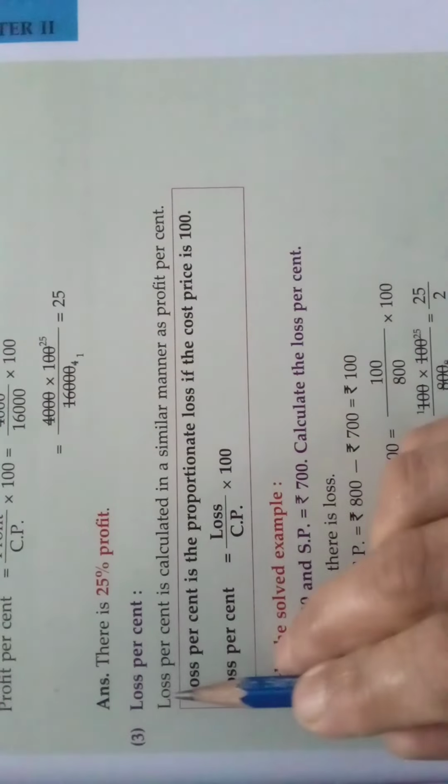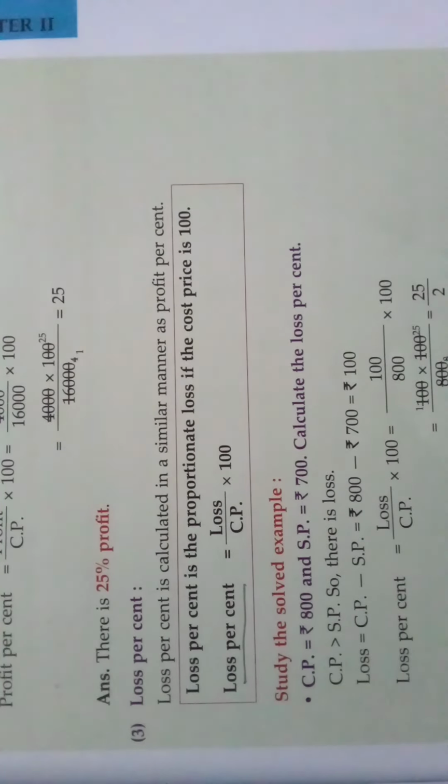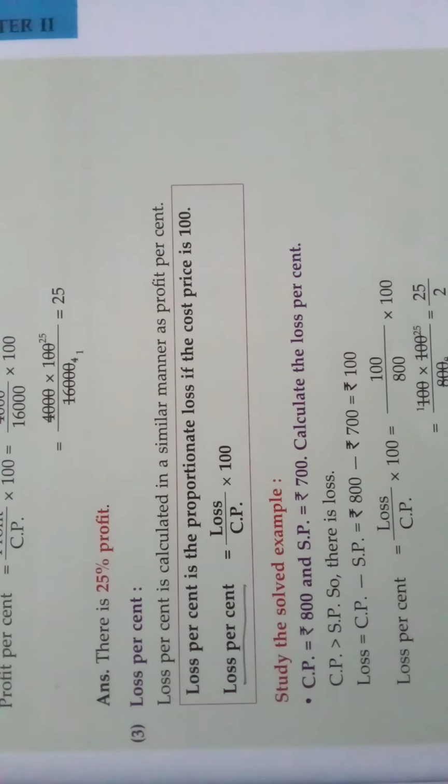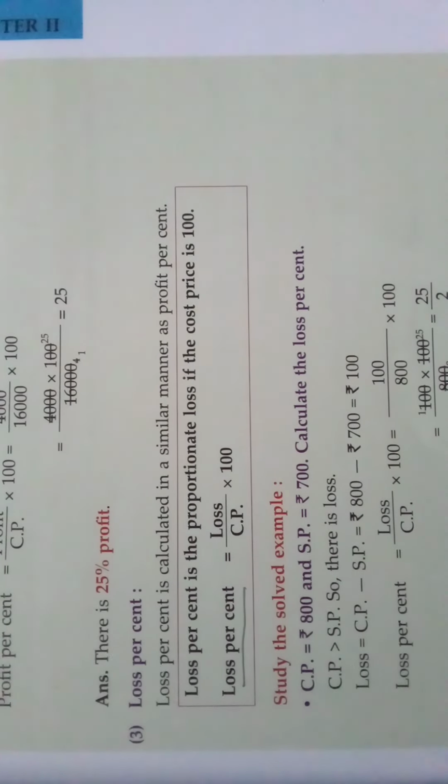Like that, what is the loss percent? Look here, loss percent is equal to loss by cost price into 100. Okay. Understood, children? So this is about profit percent and loss percent. Come, we will do the sums in the assignment on the next page, so that we can understand how to find profit percent and loss percent.